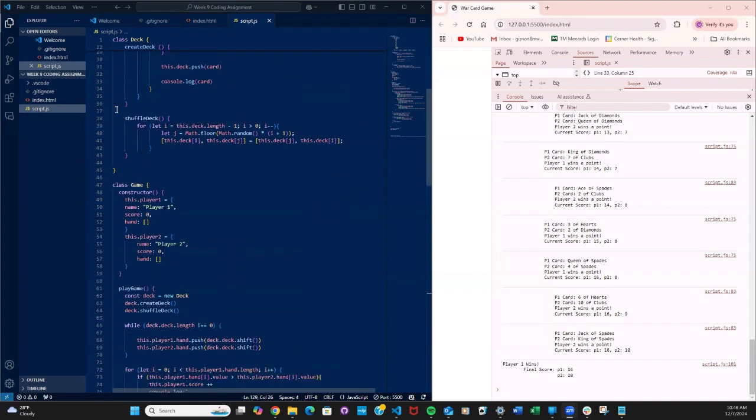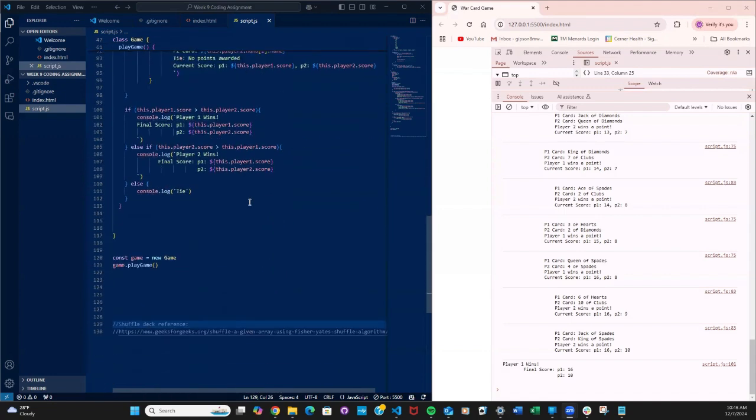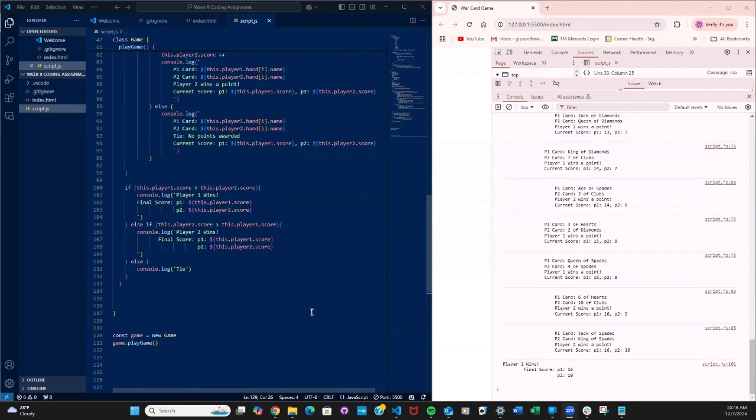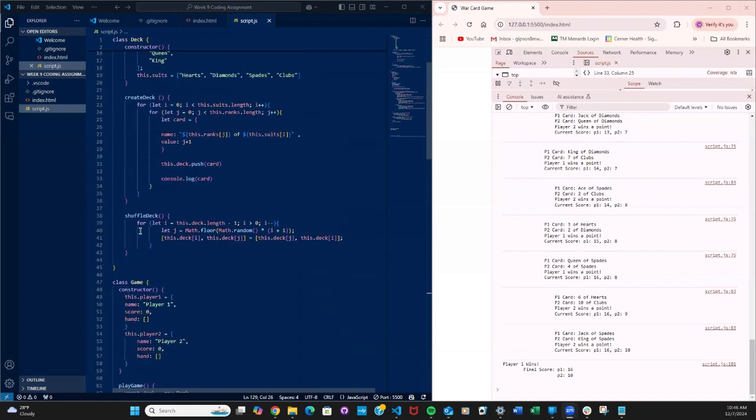And then for this one, a shuffle deck that came from the Fisher-Yates from the GeeksforGeeks website, and I referenced it right here. What it is saying is it created a for loop: let i = this.deck.length - 1, i--, and let j equal Math.random, so it would shuffle the deck to randomize it.